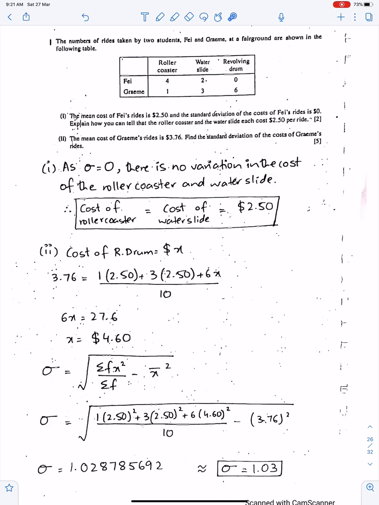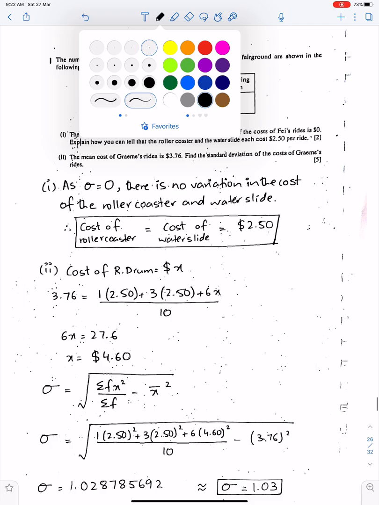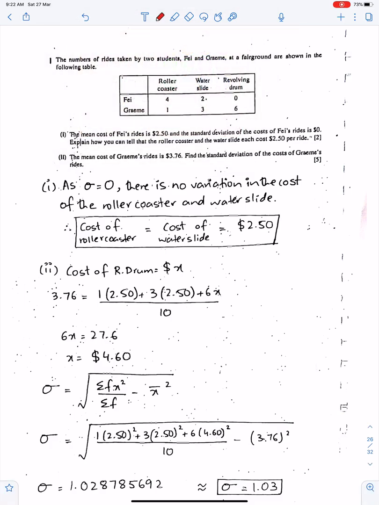This means all rides must cost the same, meaning this roller coaster ride costs 2.5 each, this costs 2.5 each, and since this is 0, we are not sure about this cost. So you can write here: the cost of this ride is 2.5.